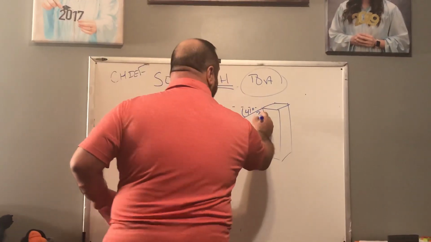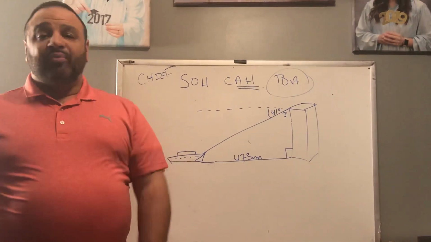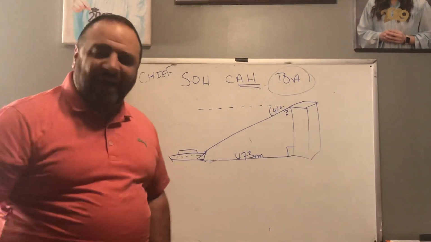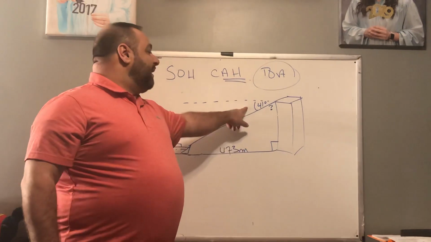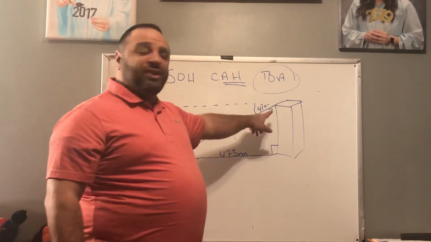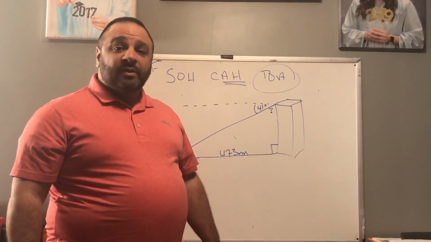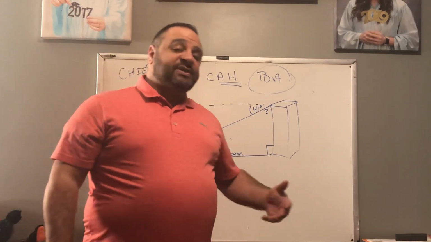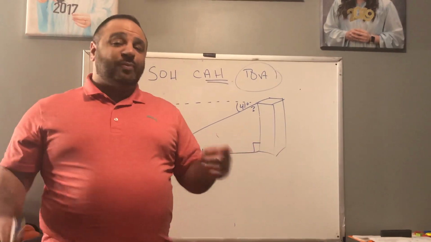How do I find this angle in here? All right, we did this before. How about we have Brandon Haynes? Brandon, if this is 41 degrees, what's the measure of this angle in here? These are complementary, so the total measure of these angles would be 90 degrees.